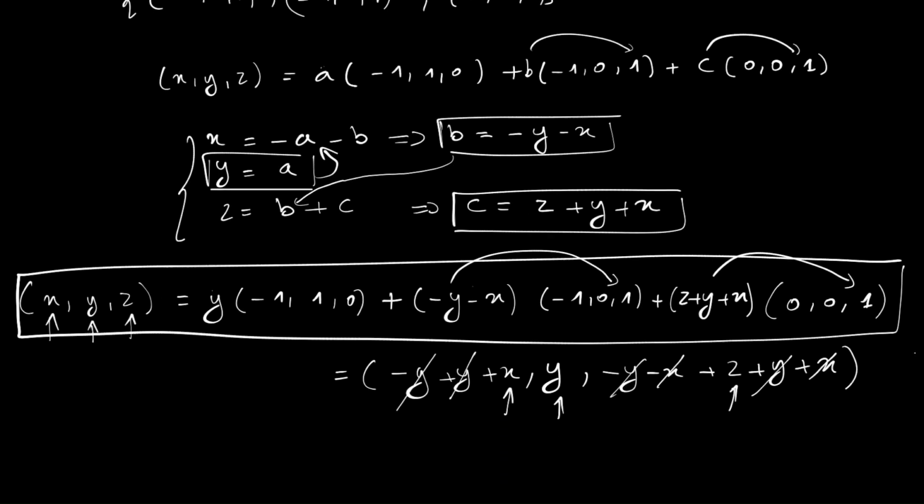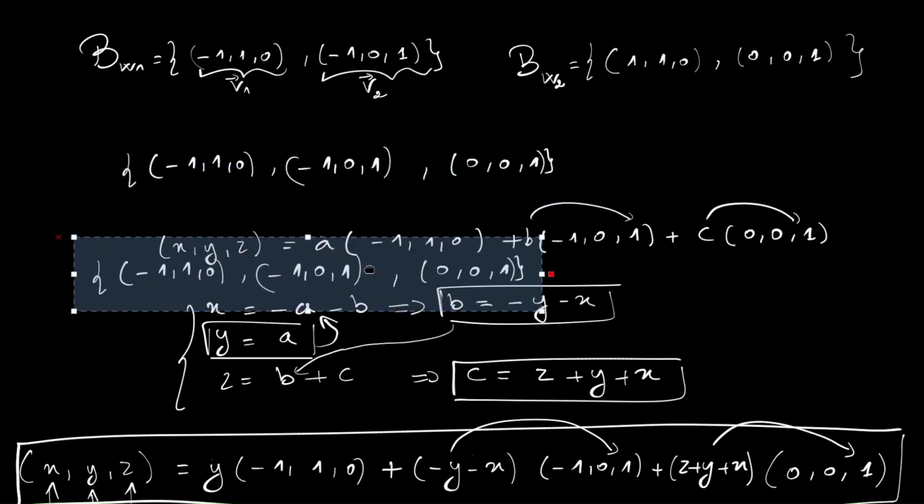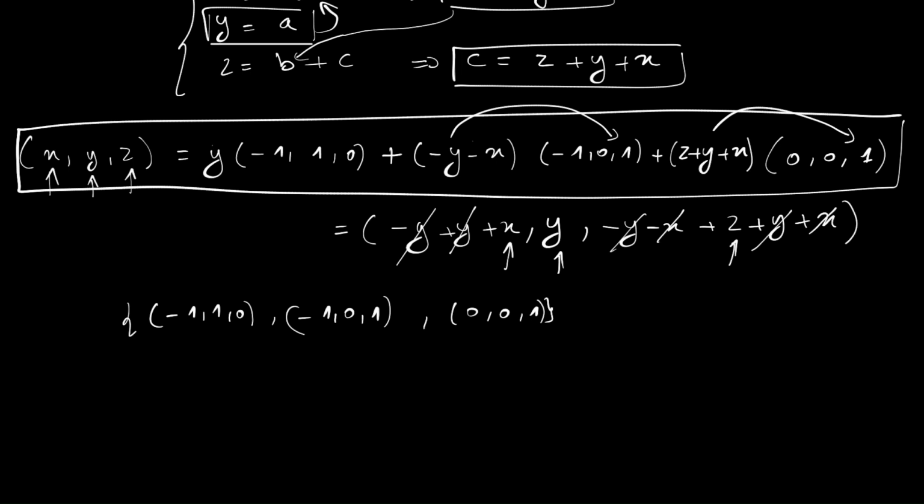Now, to prove that these vectors are linearly independent, I am going to use another method. We are going to calculate the determinant of the following matrix.